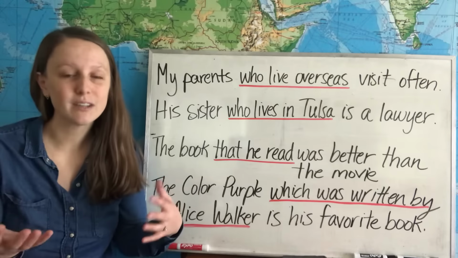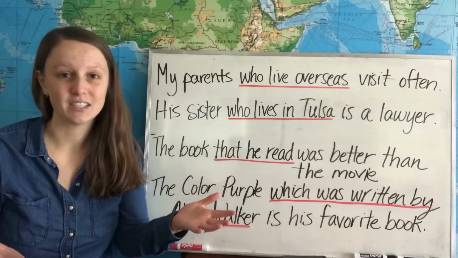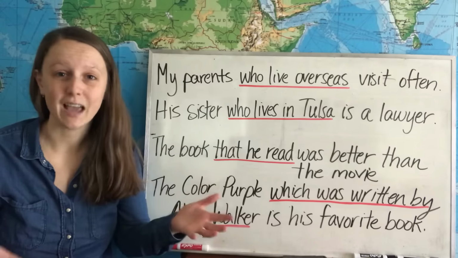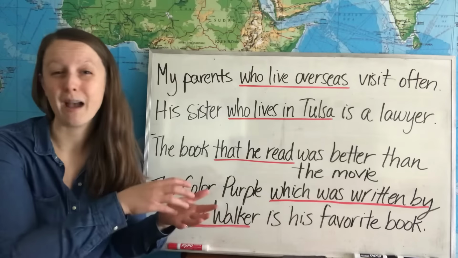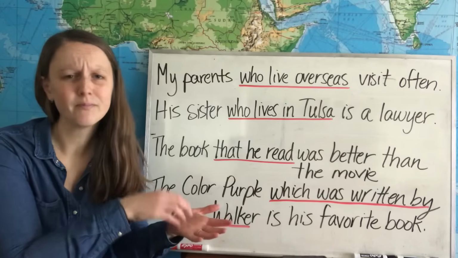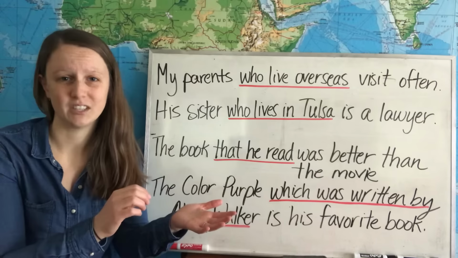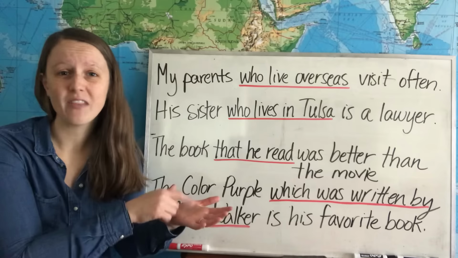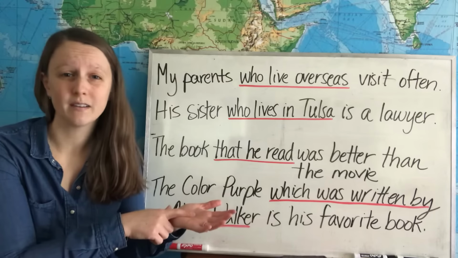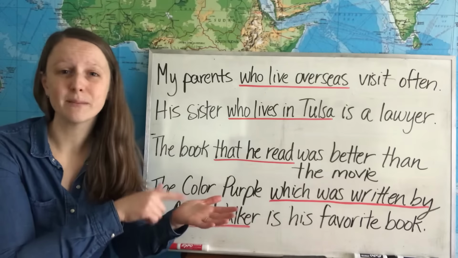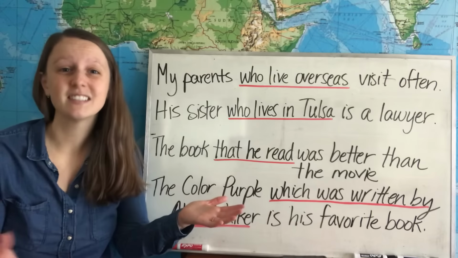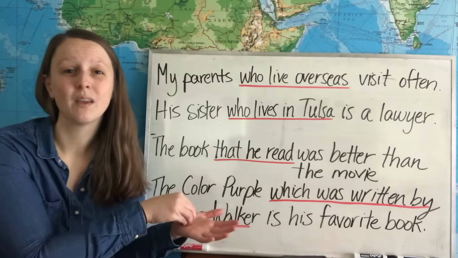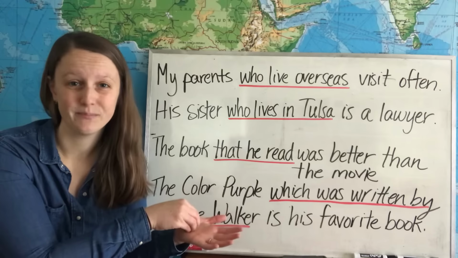So restrictive and non-restrictive adjective clauses are two different types, and they give a different effect for how we're describing that noun. A restrictive adjective clause tells us about that noun. It tells us which one. Maybe that noun is not something specific or definite, and the adjective clause tells us which one when it is restrictive.